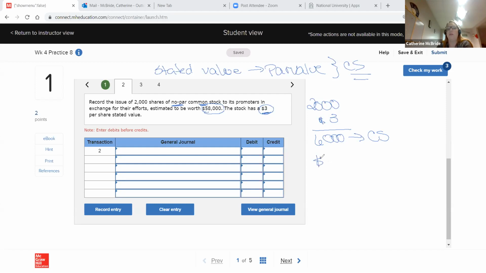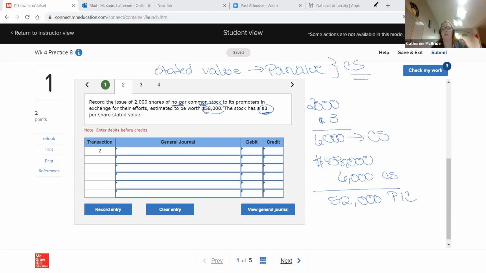If I received $58,000 and $6,000 goes into the common stock account, then $52,000 must go into my paid in capital account, because all the rest, the difference, has to go into paid in capital.